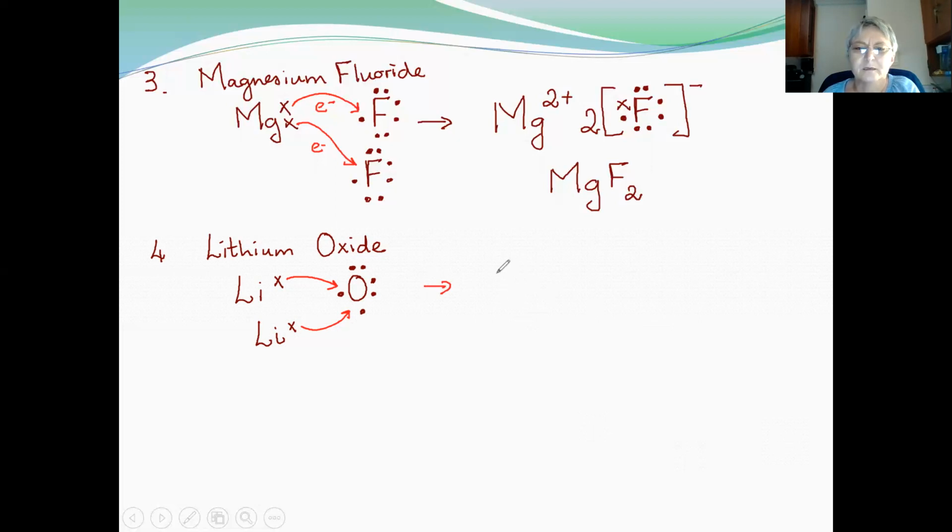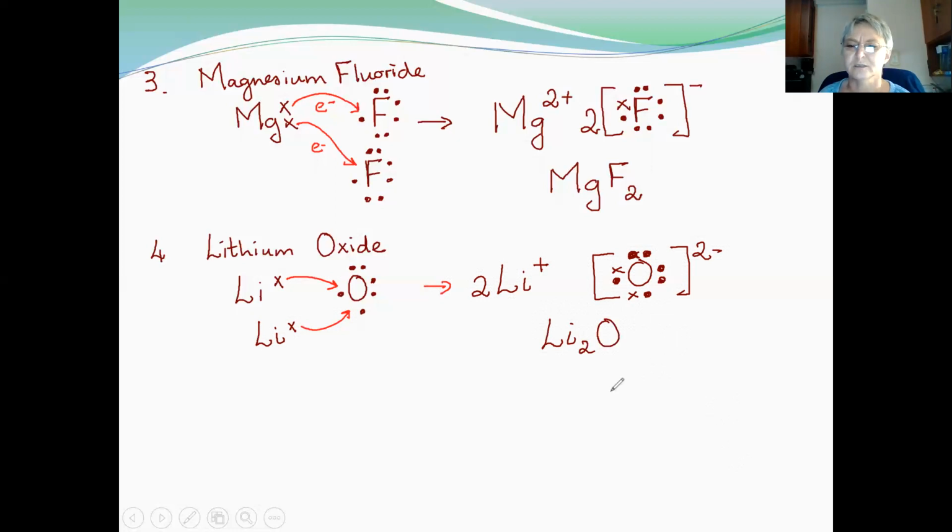You have 2 lithium ions now, each with a positive charge, and you've got 1 oxygen ion with its 2 negative charges. So the formula for lithium oxide is Li2O.